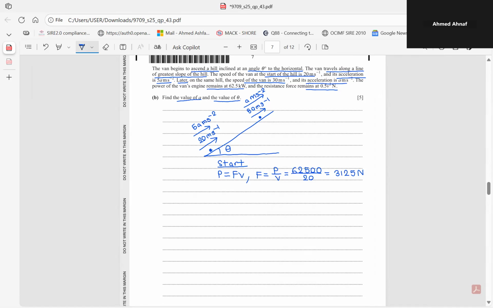And then the resistance force would be 0.5 V squared, which is 0.5 times 20 squared, which is 200 newtons.